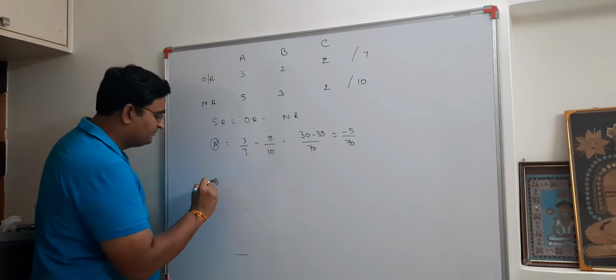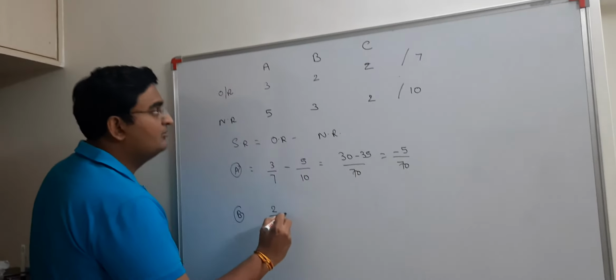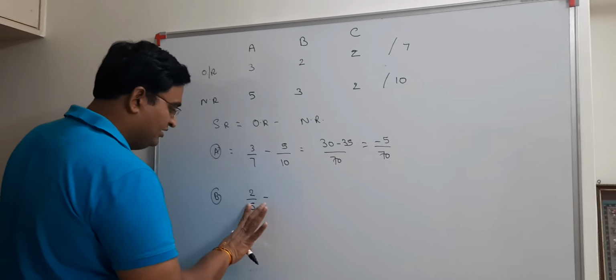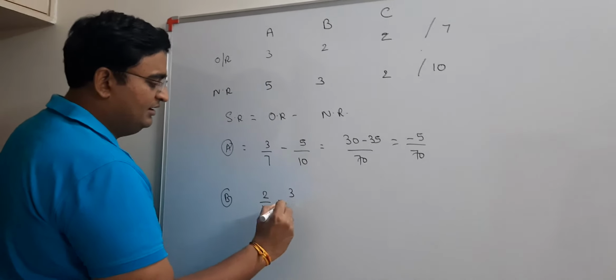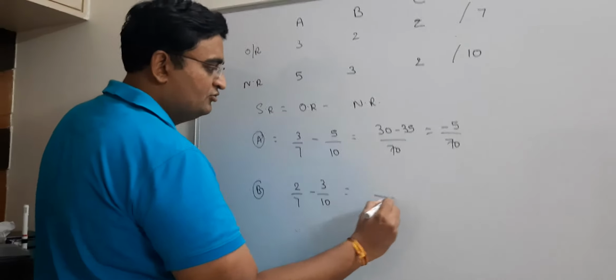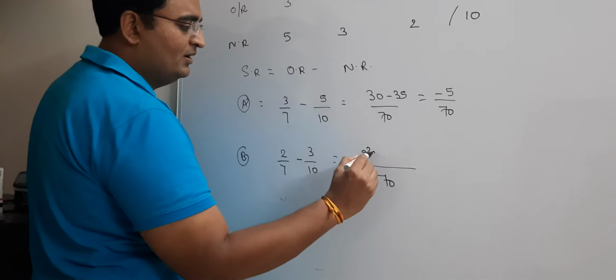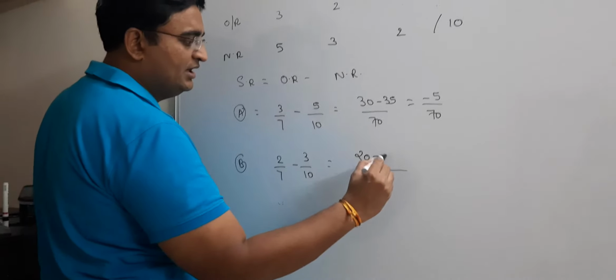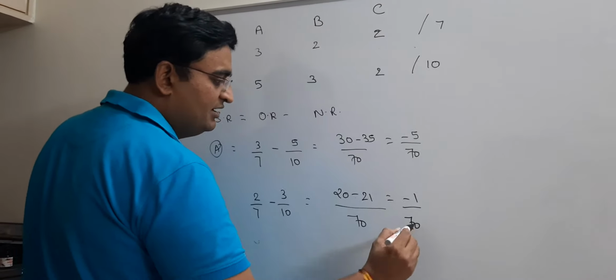Coming back to B, what will it be? That is 2 by, sorry, it will be not 5, it will be 7, minus 3 by 10. So that again comes to 70. 10 2s are 20 and 7 3s are 21. That gives me minus 1 upon 70.